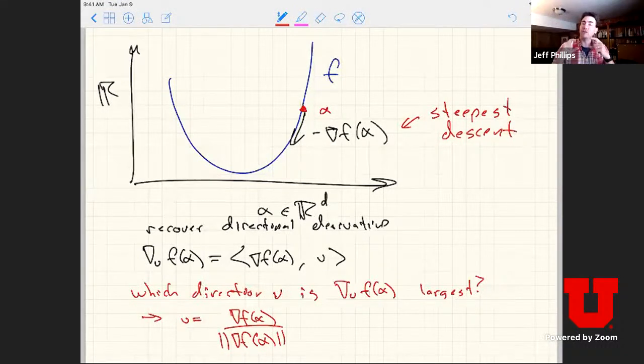If I move in a unit direction or an infinitesimally small step in any direction without controlling the length of that, how fast can I get down? Well, that's what the negative of the gradient tells us. If we want to go up, we want to maximize, I'd go in the direction of the gradient. If I want to minimize, I go in the negative of the direction of the gradient. Right? Right, so this negative sign is important.